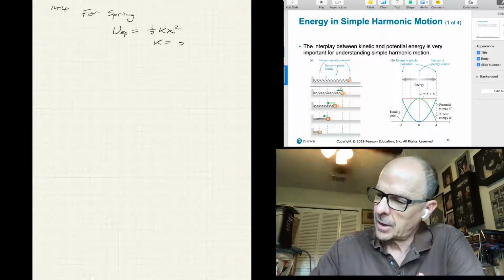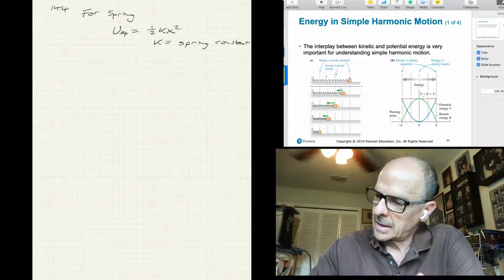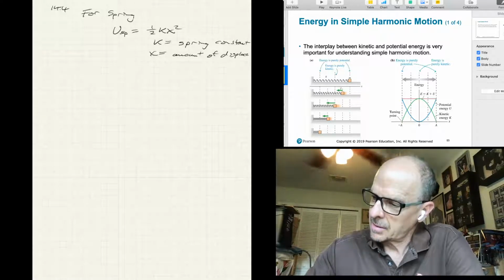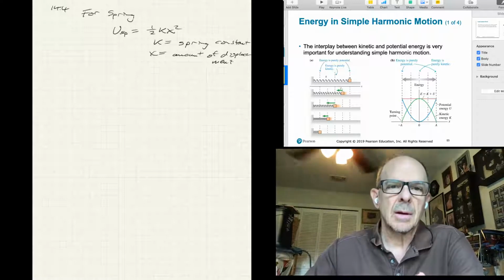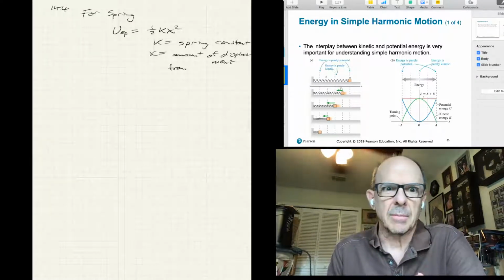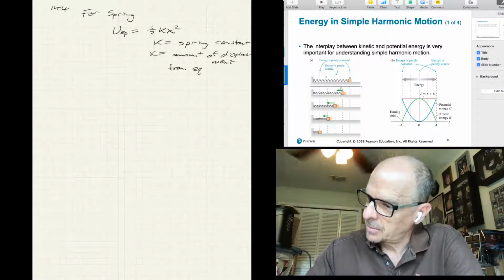Remember, k is the spring constant, and x is the amount of the displacement from the equilibrium position. Sorry, for some reason I started writing that in the middle of the page instead of on the left-hand side of the page.